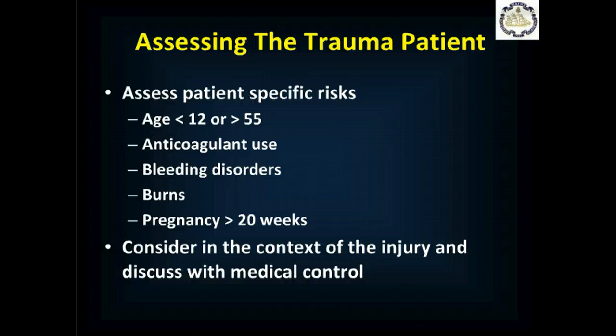And that's why we use the 20-week cutoff, because under 20 weeks, even if the mother went into labor, premature labor, and delivered, there's really no viability for that fetus. So you think about all these things, you think about the injury, and you discuss it with medical control and make a decision about evacuation.